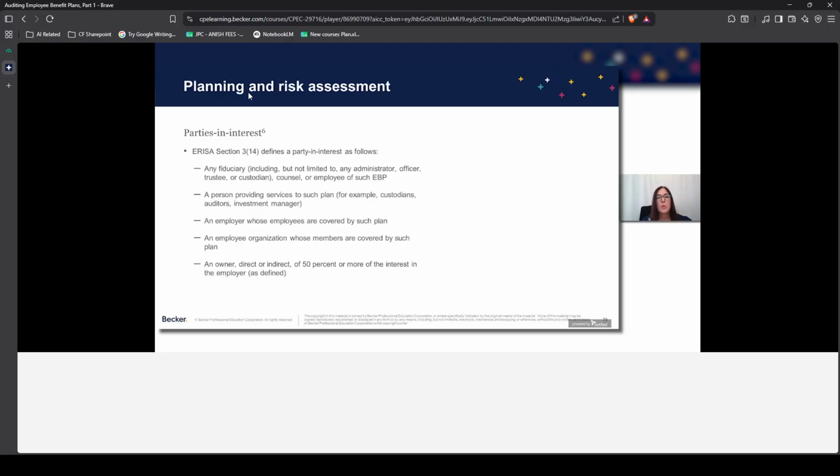So, still here in step 1, trying to identify risk, we have to understand who the parties in interest are to determine whether or not we have any risk associated with the transactions between the plan and those parties in interest. So, ERISA Section 3, paragraph 14 defines a party in interest as any fiduciary, counsel, or employee of the employee benefit plan.